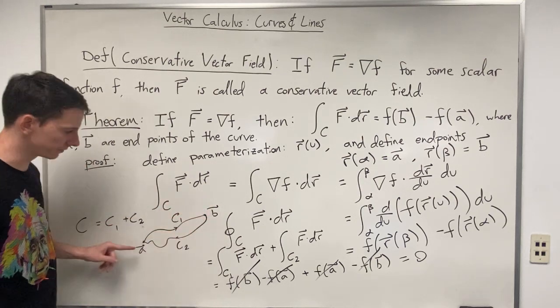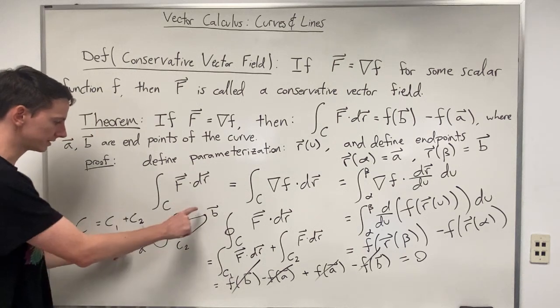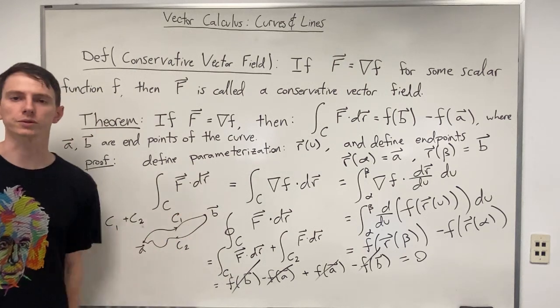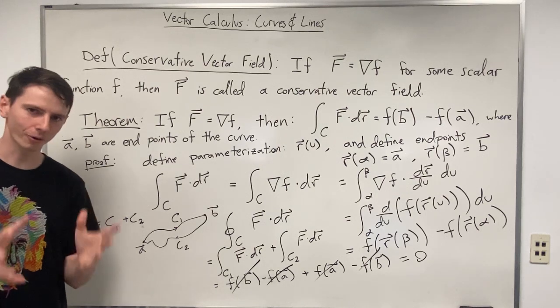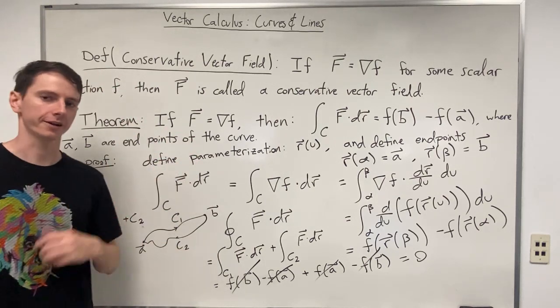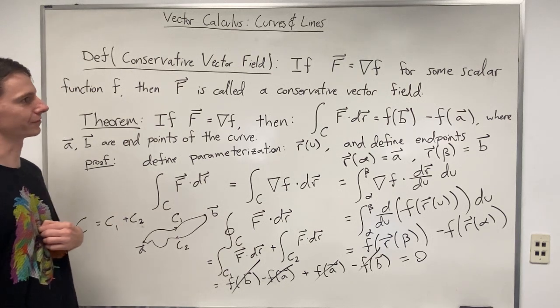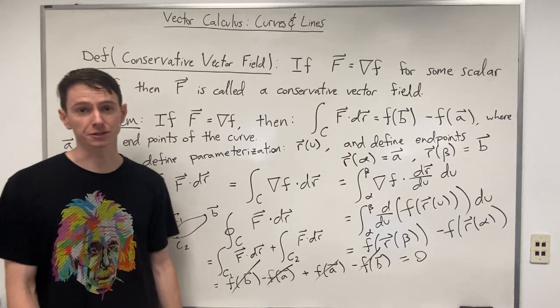So if you go in the negative direction, you're bound to just get the negative of that same value. So you get something minus itself, and it's always going to give you 0. Okay. So hopefully that makes sense. A lot of nice properties that are very convenient to work with in conservative vector fields. And some of these properties are why people love these things in physics.